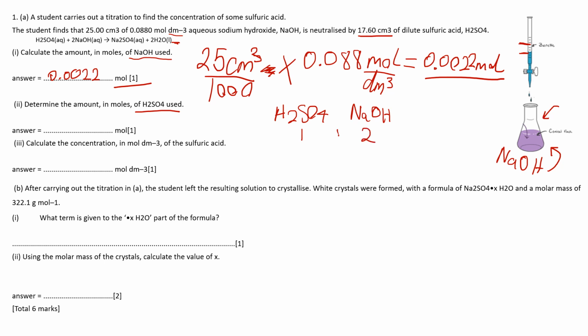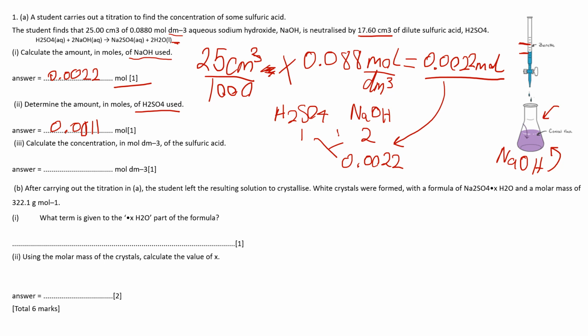And then we know this from the previous part, 0.0022. So this is our very simple cross multiplication: multiplied by 1 divided by 2, and then the answer would be 0.0011. Same unit in moles, so 0.0011 moles of sulfuric acid.